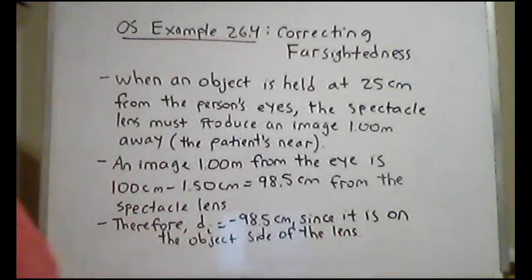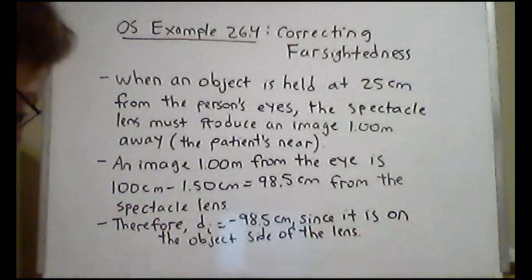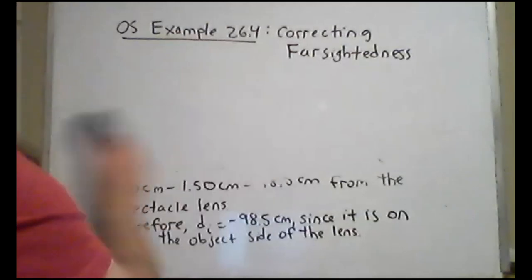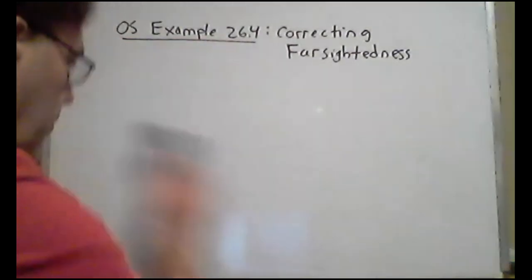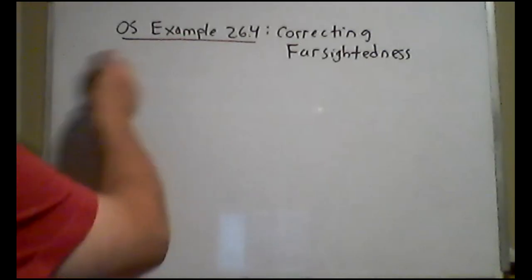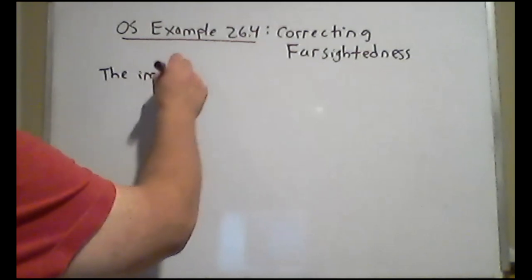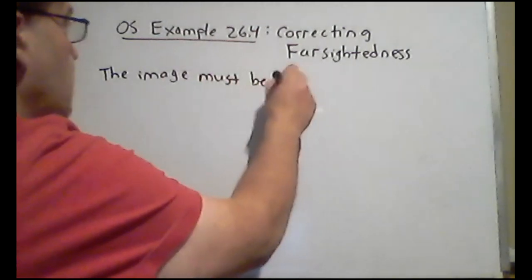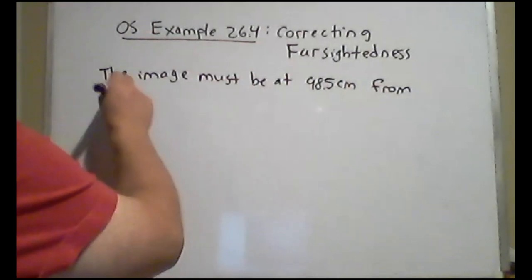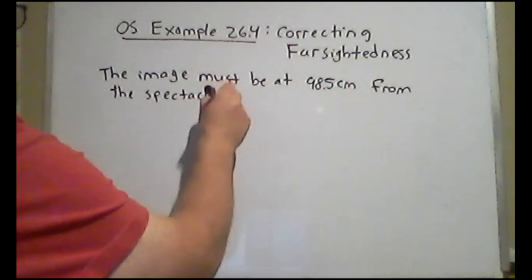Okay, so how does this work? So what that means is the image must be at 98.5 centimeters from the spectacle lens, as I said, on the object side of the lens.